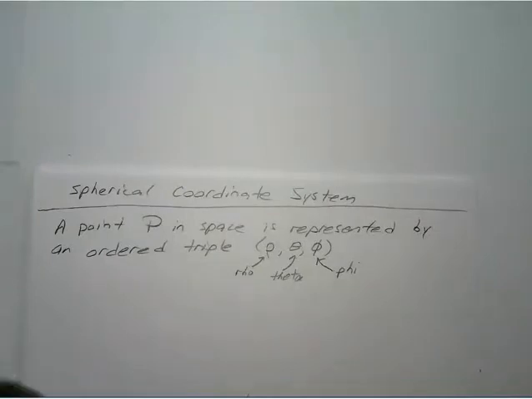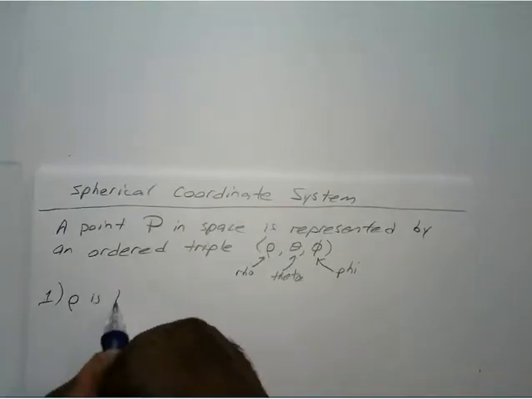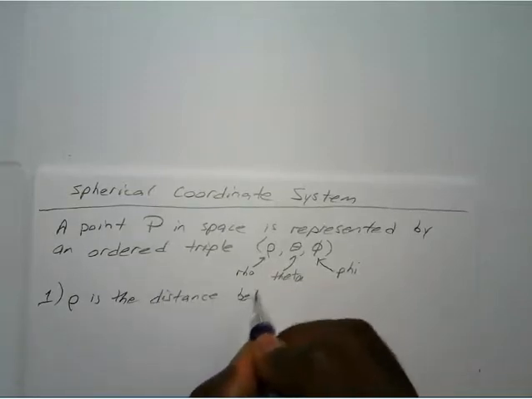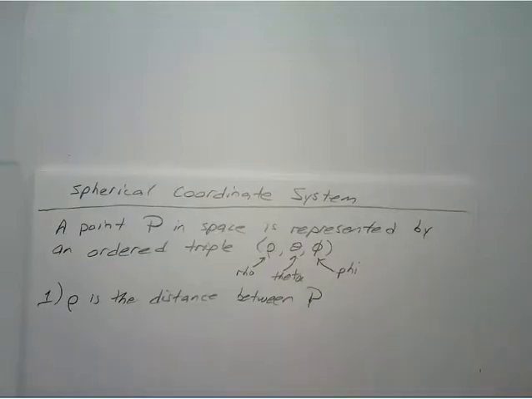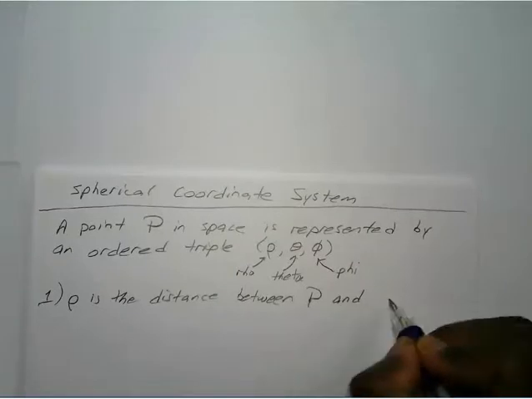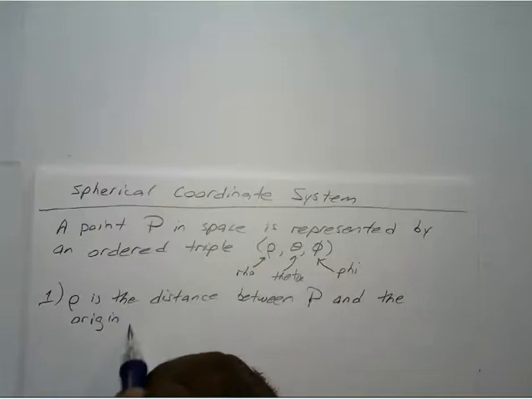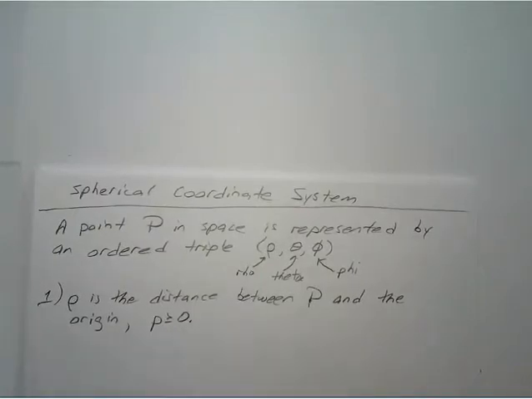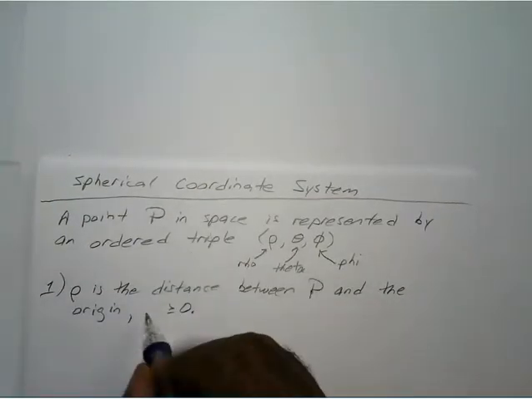Now, 1, rho is the distance between our point P and the origin. And rho is greater than or equal to 0. If you want, you can just write it as a rho.